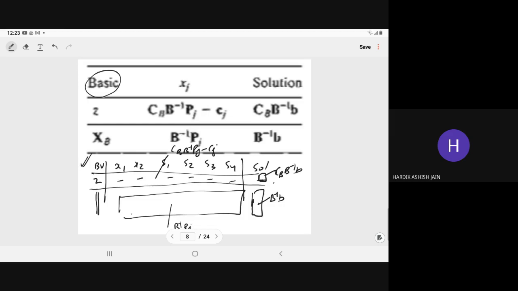Then only you can get the following iteration. But in the matrix method, you have to specify nothing, because everything depends only on one matrix, that is B. B is the basis. It is a collection of the columns corresponding to the basic variables.